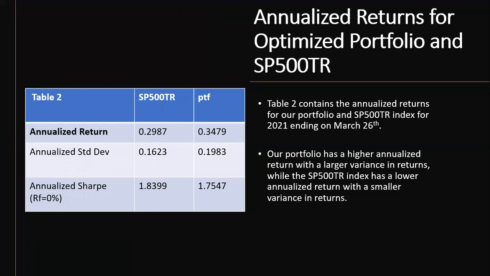The annualized returns for the SP 500 TR index is approximately 0.2987 with a standard deviation of 0.1623. This means that our portfolio has a higher annualized return with a larger variance in returns, while the SP 500 TR index has a lower annualized return with a smaller variance in returns.